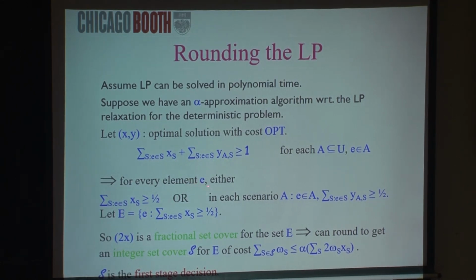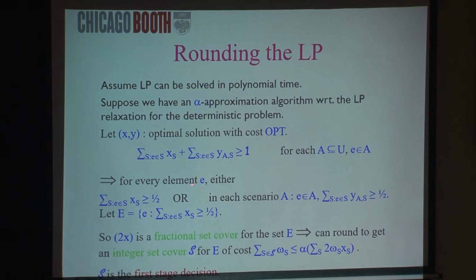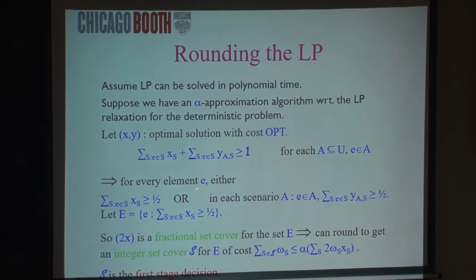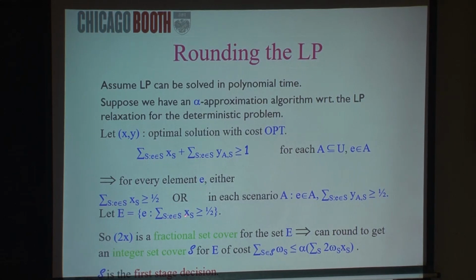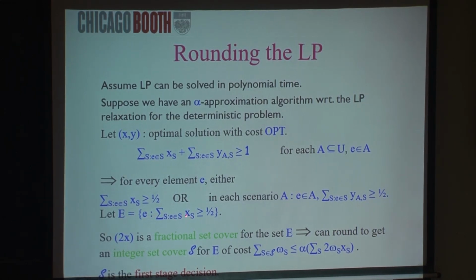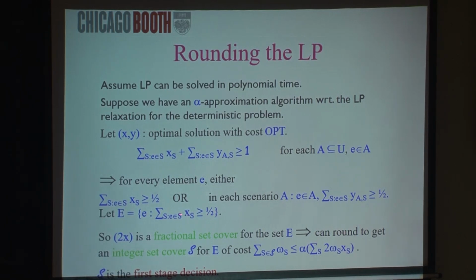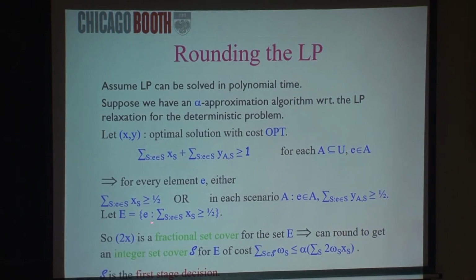Element here refers to a set of outcomes. So for every possible set of outcomes, I know that I have an x here, such that 2 times x is going to give me something greater than or equal to 1.